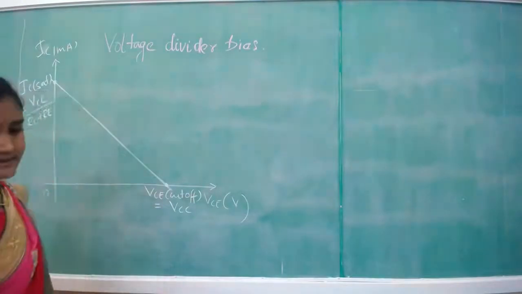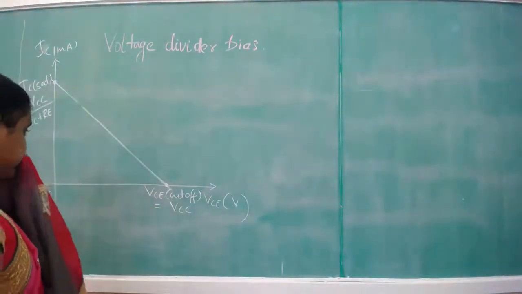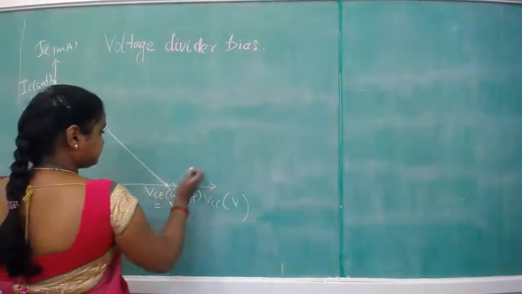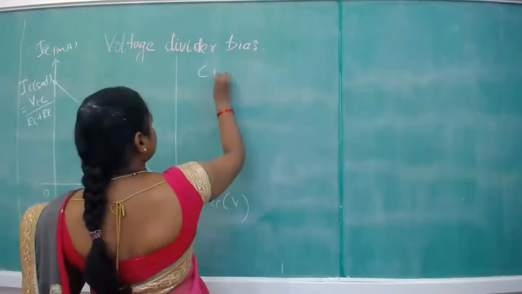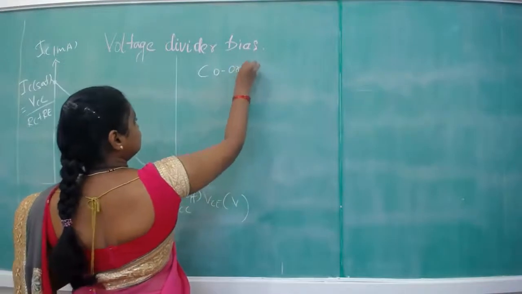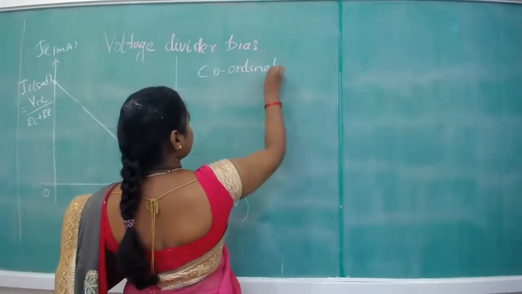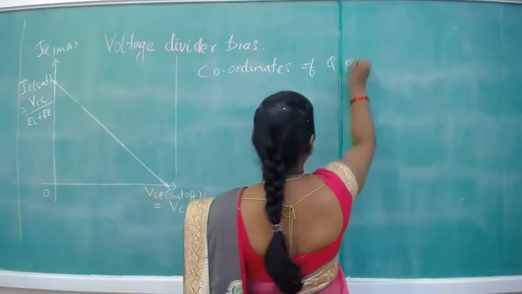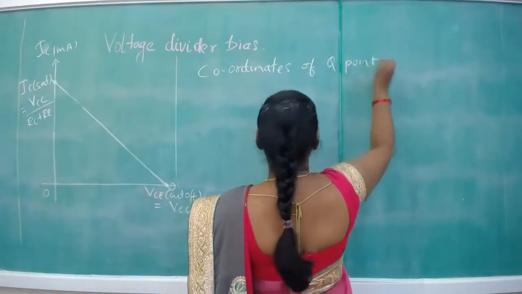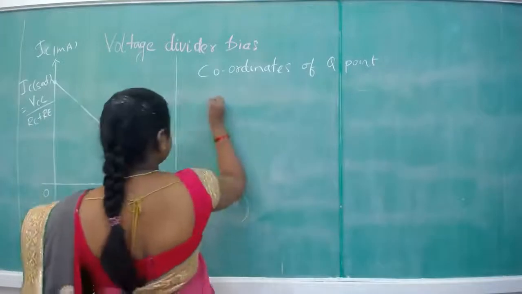Now the coordinates of the Q point. So what is the expression for IC?